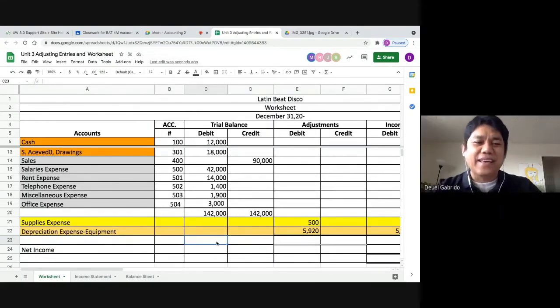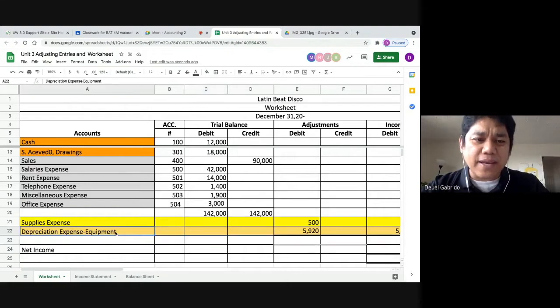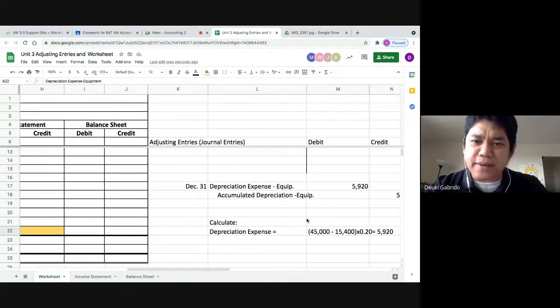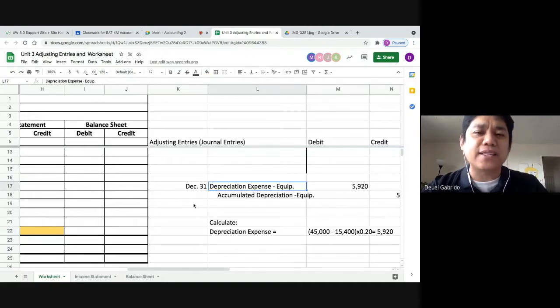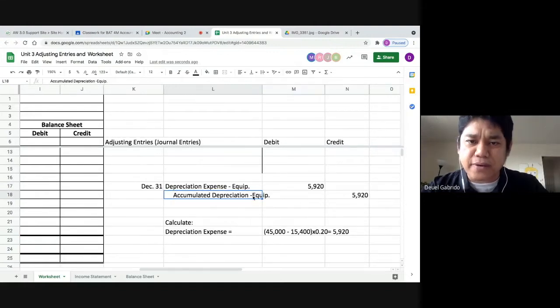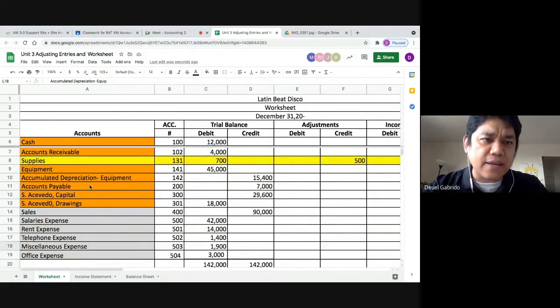Okay, this is the first part, depreciation expense. The reason why we record the depreciation expense is because we want to calculate a fair income statement at the end of December 31. Okay, what about accumulated depreciation? Is it part of the list here?